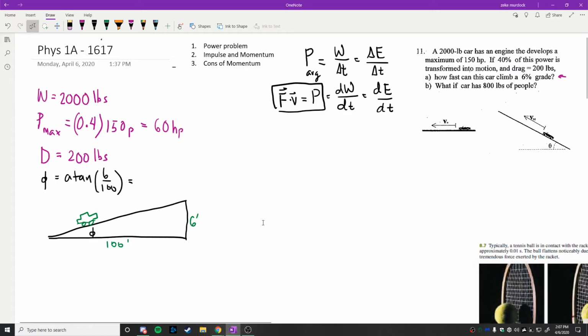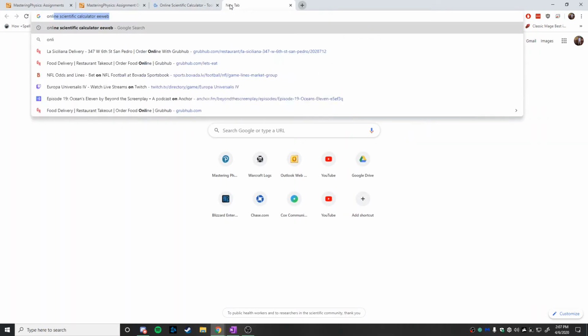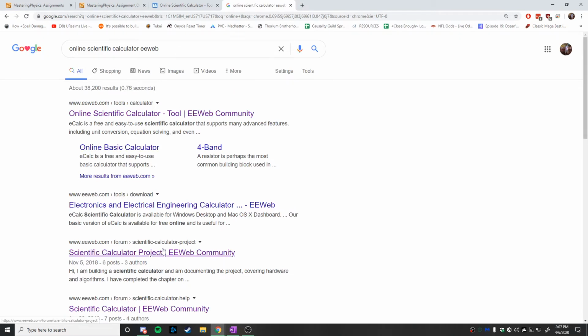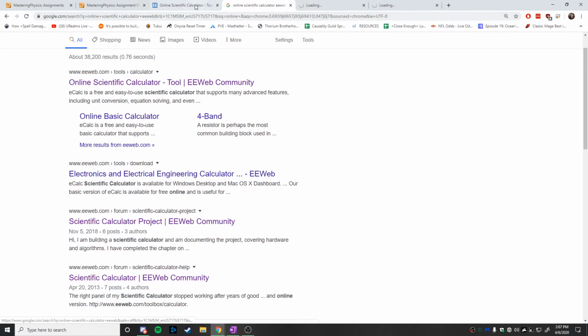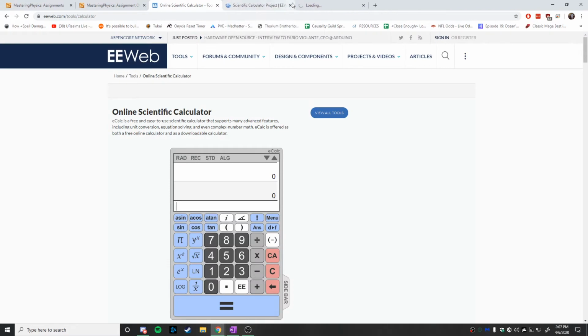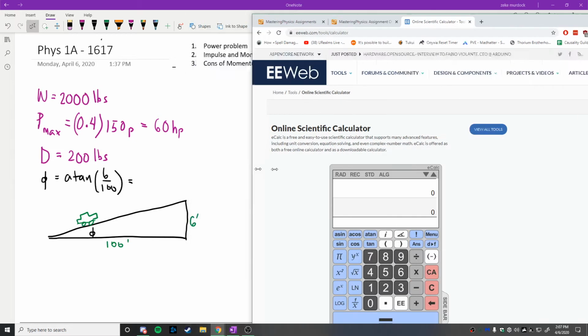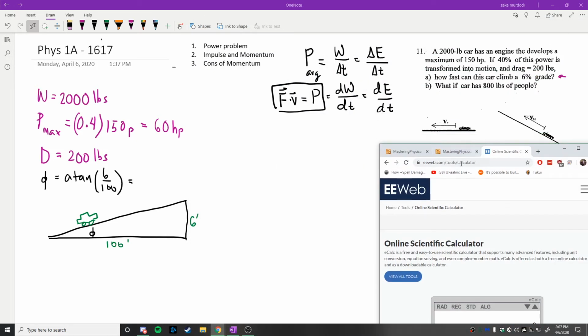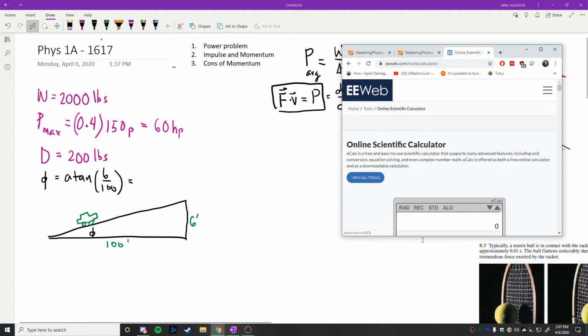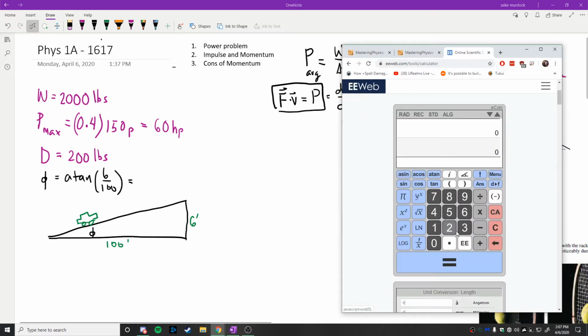All right, so we want to do arctan, in degrees, of 6 divided by 100.